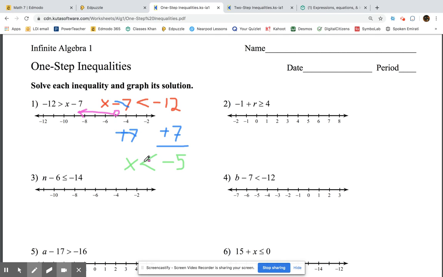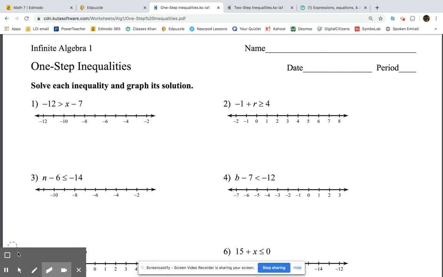But my cheat is I just look at the direction the arrow is facing. It's facing that way, so we're going to graph it that way. Okay, so that is that problem. And now we're going to go ahead and look at another problem down here.